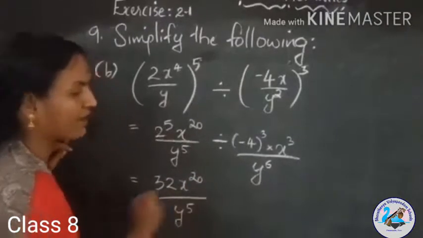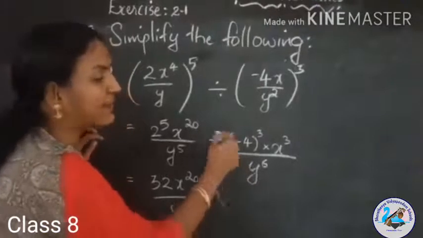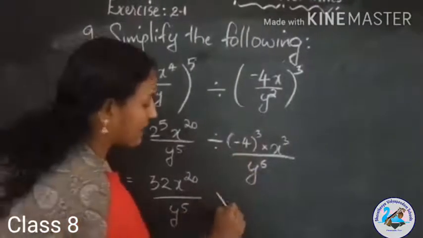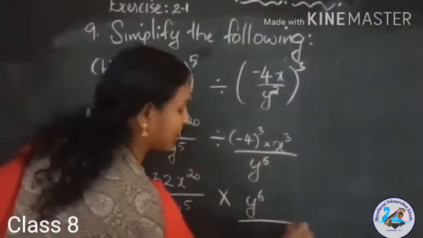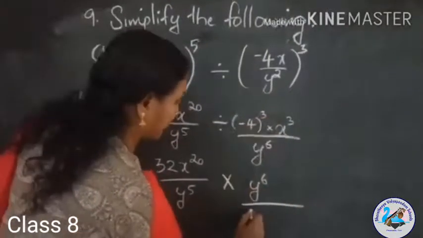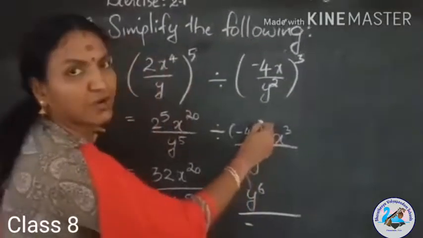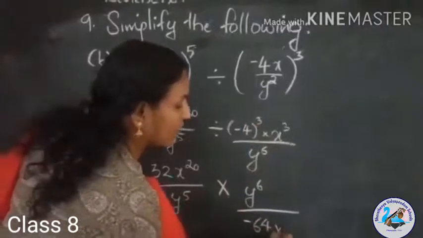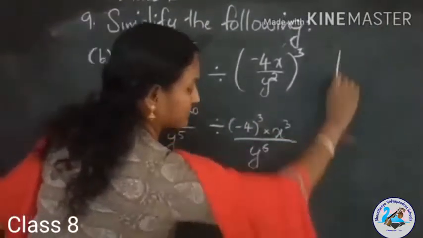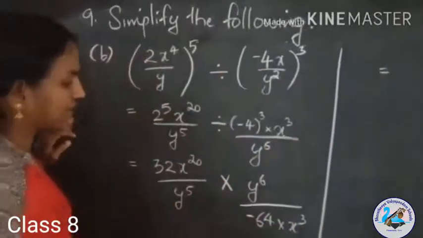Here division means multiplying by the reciprocal. Multiplying by the reciprocal means y raised to 6 divided by minus 4 cube, minus 4 multiplied 3 times, 64, into x cube, is equal to, here cancellation is possible.